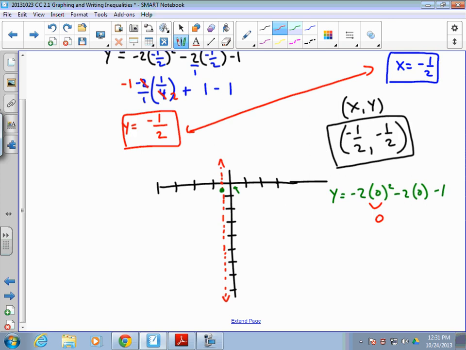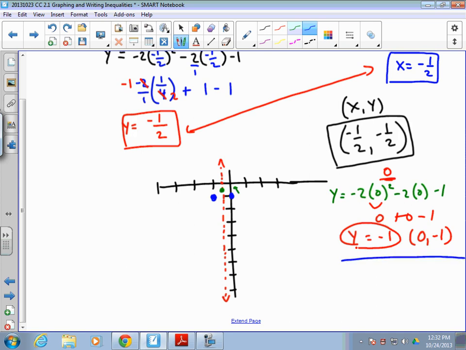Negative 2 times 0 will be plus 0 minus 1. So y equals negative 1. When you plug in 0, we get negative 1. So your ordered pair is 0, negative 1. Your second point is 0, negative 1, right there. Again, we can mimic that one on the other side of the line of symmetry, a half over. So we need one more point to graph.